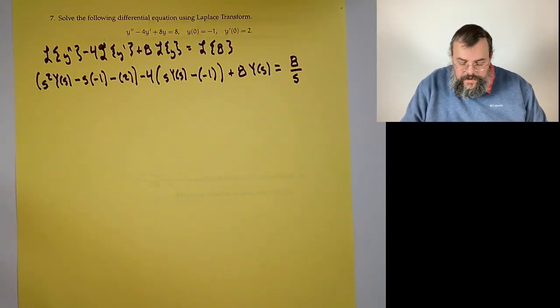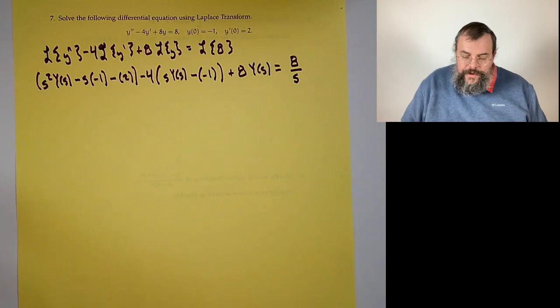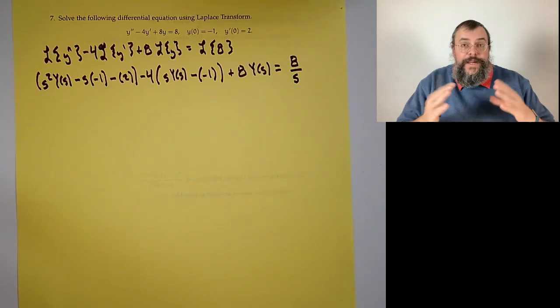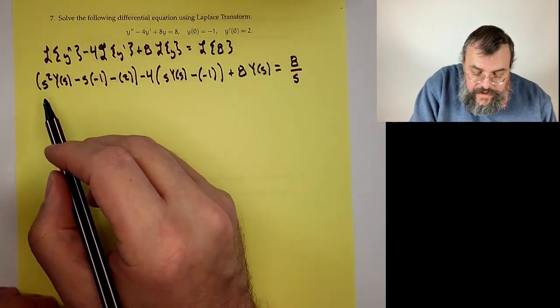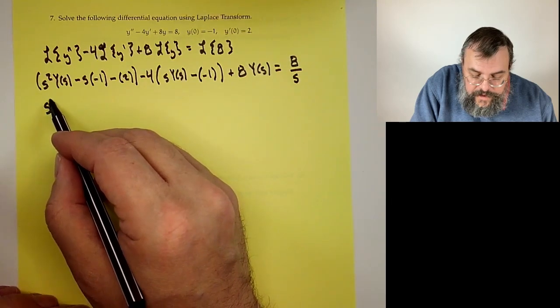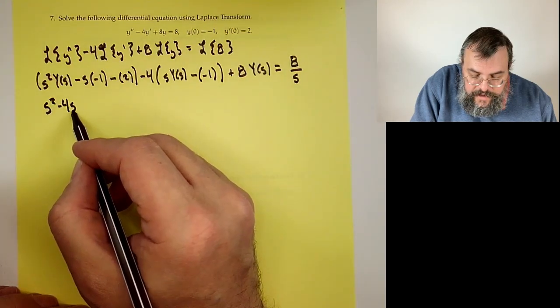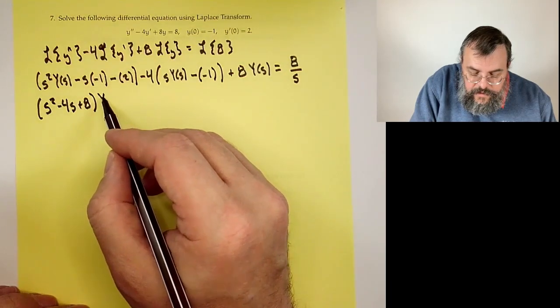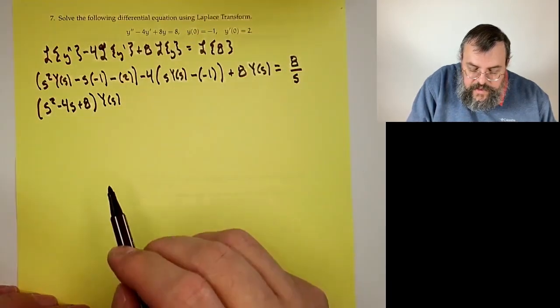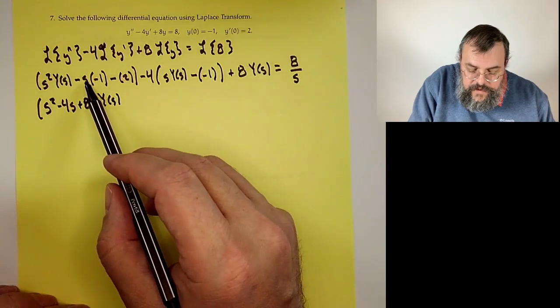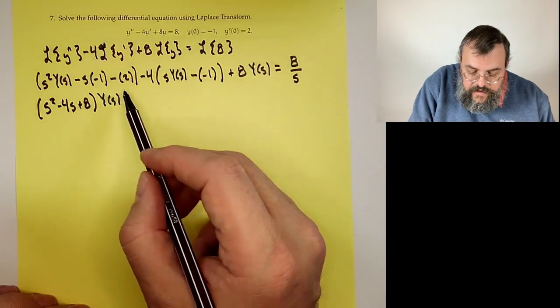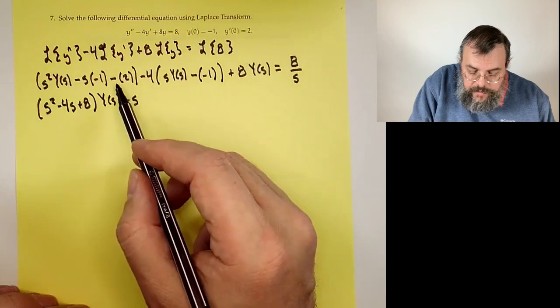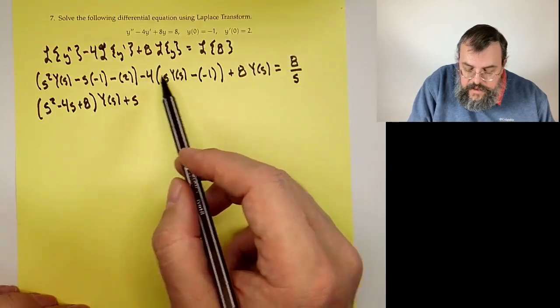Okay, well, great. Now, what do we do? Well, we clean it up. So we can say this is s squared minus 4s plus 8 times y of s. And, well, we have a plus s, so we'll write that down, minus 2, and there's lots of things going on here.